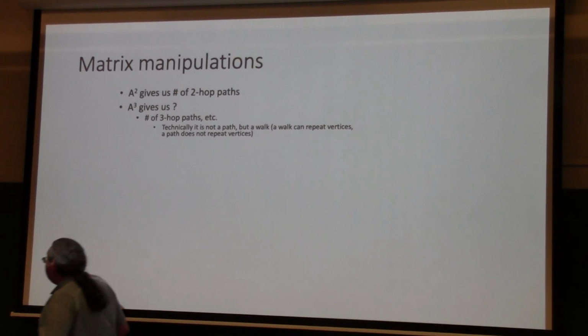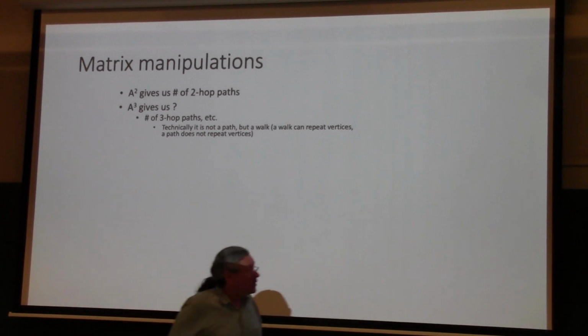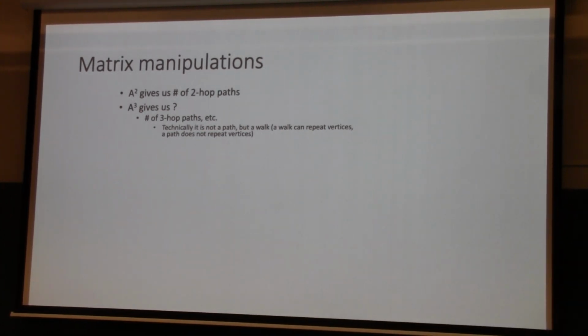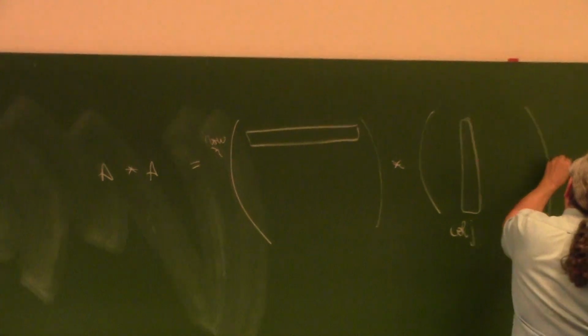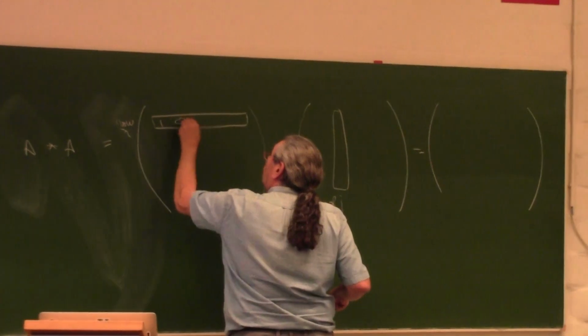Actually, you should make a diagram and figure out why the matrix multiplication gives you that. Okay? So let's say I want to do A times A. Here I have a row i, here I have a column j, and here I have ones and zeros.